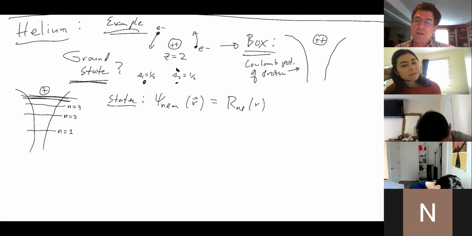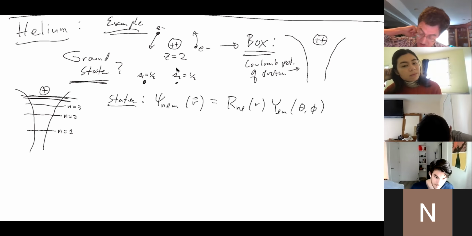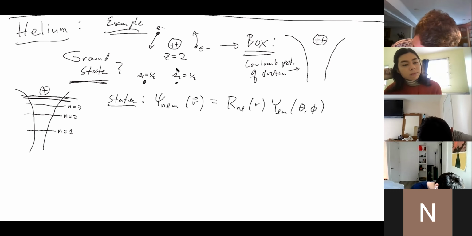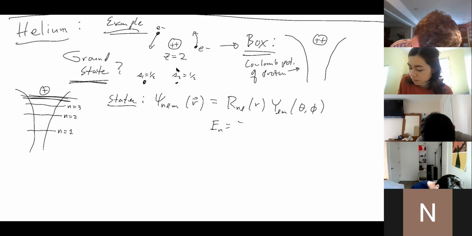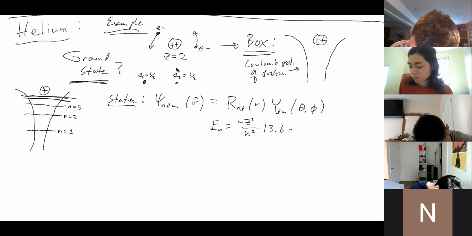A spherical harmonic? Exactly, it's a spherical harmonic, Y_LM of theta and phi. Because it's a spherically symmetric Hamiltonian, we write it in spherical coordinates. And the energy is this very simple formula, minus Z squared over n squared, which you all derived last semester, times 13.6 eV.